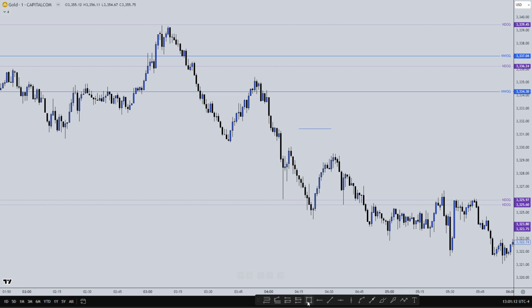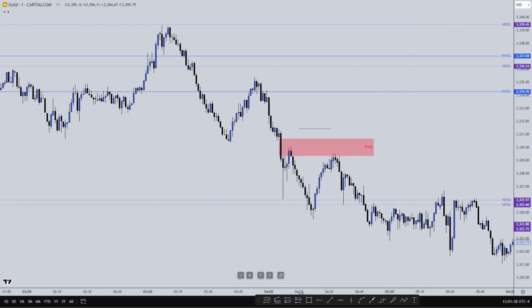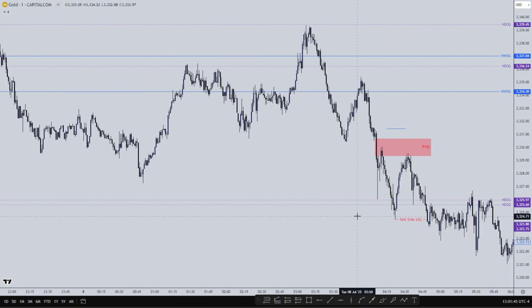All right, you can see there is a fair value gap, right? The prices were trading into this fair value gap, but at 4:15 the prices were not in this clear fair value gap, and then the prices came back to this fair value gap, and then it went to take the sell side and continue to the lower prices.